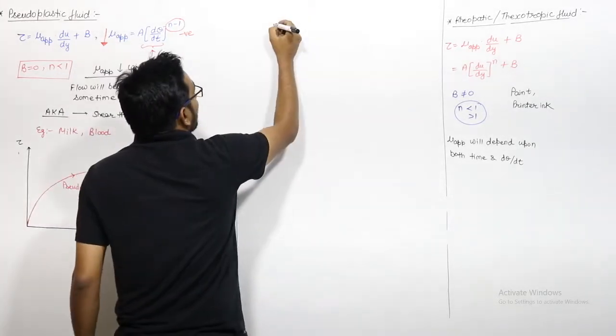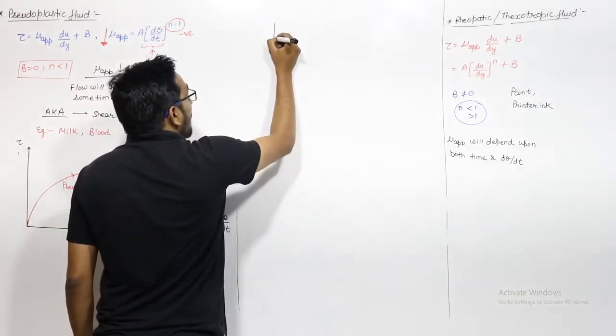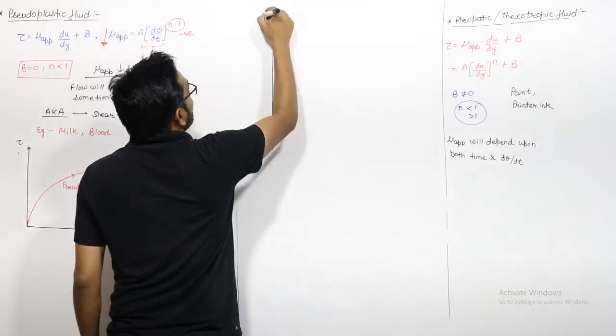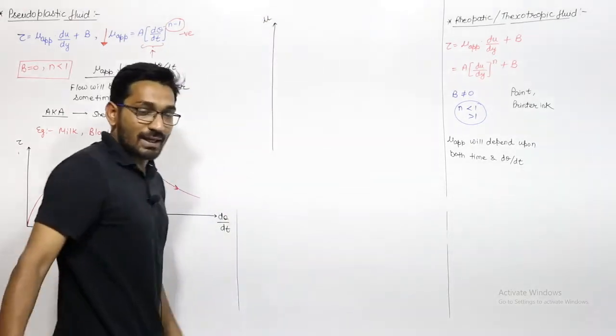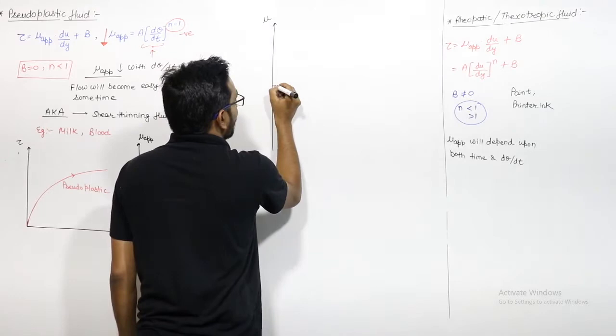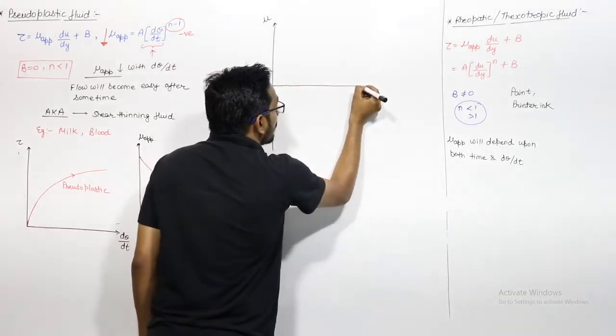Let us say this is the viscosity mu, apparent viscosity or any viscosity, and on the horizontal axis we have time.